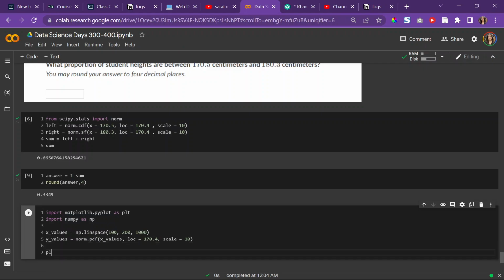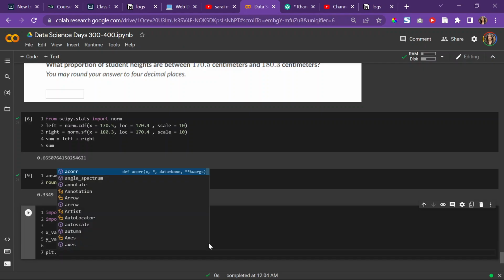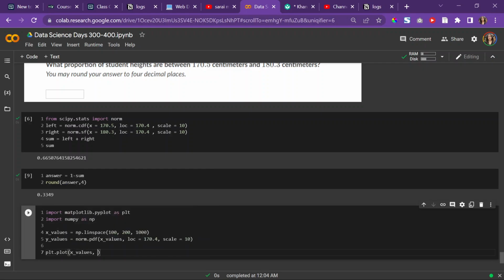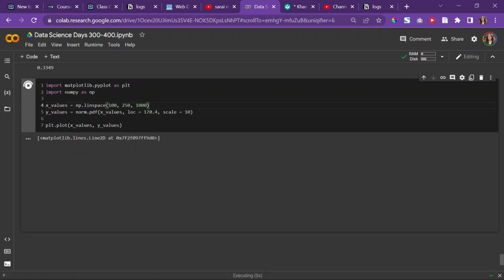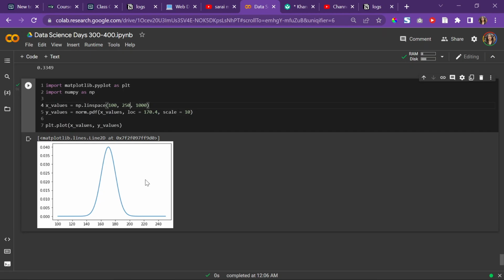So now to plot it, I'll just do plt, which comes from matplotlib, a graphing library. I'll use the plot function and plot the x values and the y values and see what that looks like. It might not be perfect. It's a little bit skewed to the left, so I could increase this to 300 or 250 and play around with that until it looks like a normal distribution.